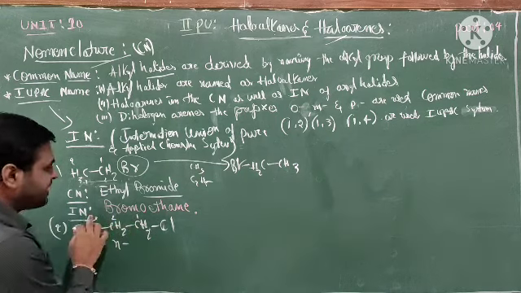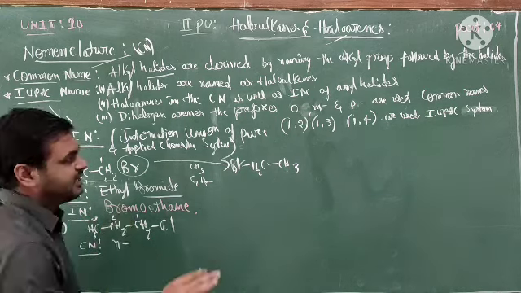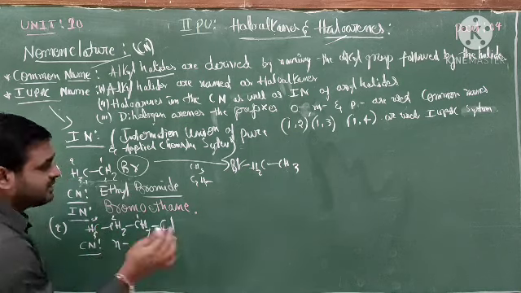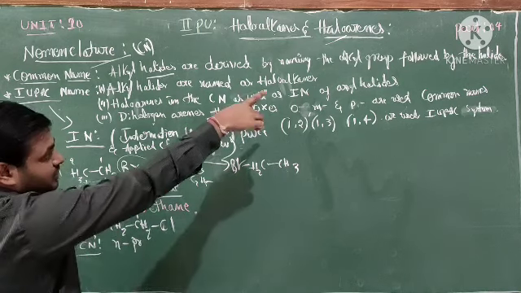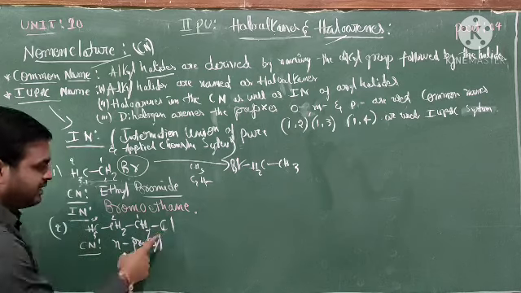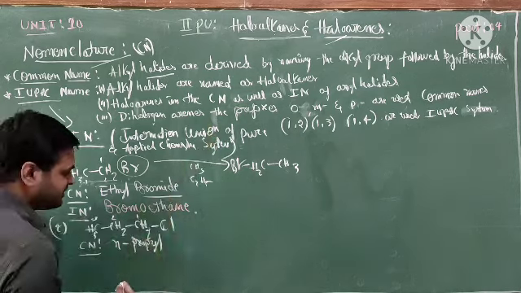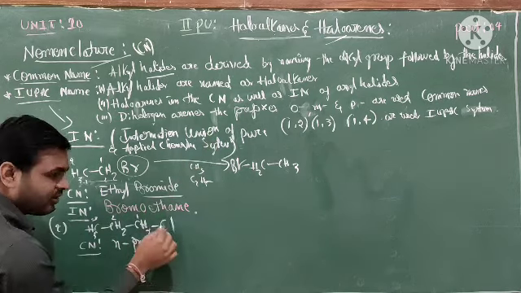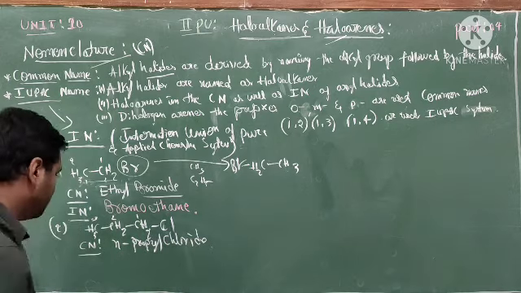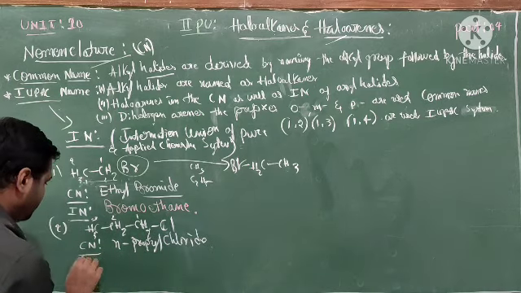The numbering applies in the IUPAC name. In the common name, we consider the number of carbon atoms: 1, 2, 3, which means first the alkyl group, propyl. Then the halogen group is chlorine, chloride. Clear?